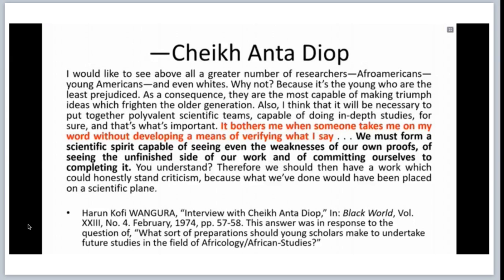The point here is that Diop himself, as great and as genius as he is, also realized his own shortcomings and doesn't want us to fall for the banana in the tailpipe. And so this is what we're doing. We're actually doing what Diop says. We're not personifying Diop into personality worship, to where if we find mistakes, we have to keep our mouths shut.